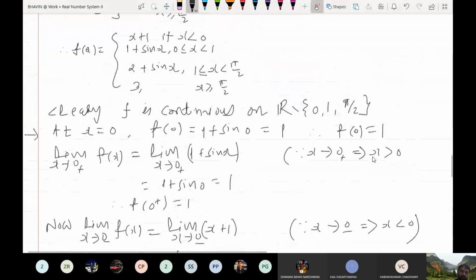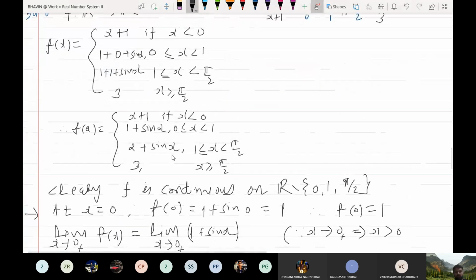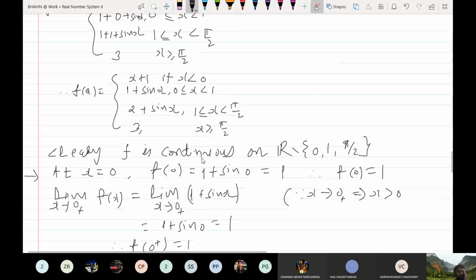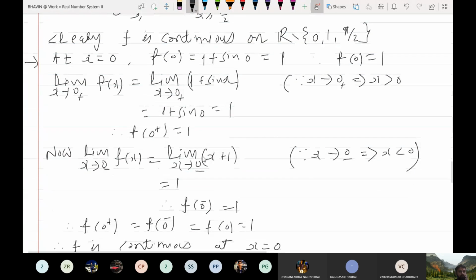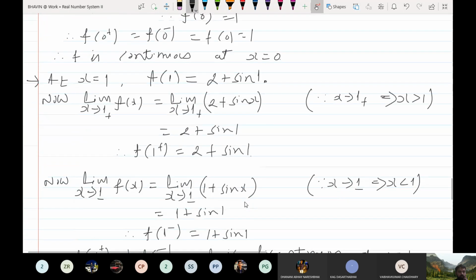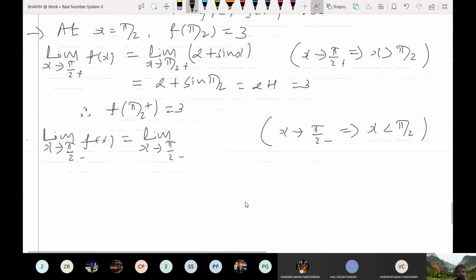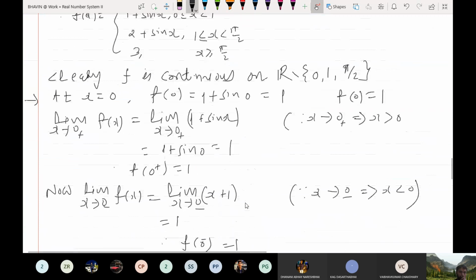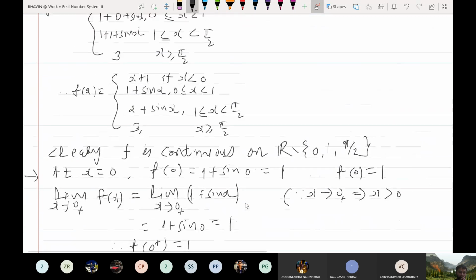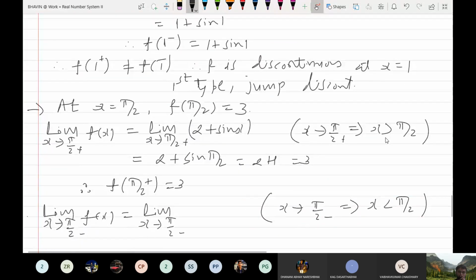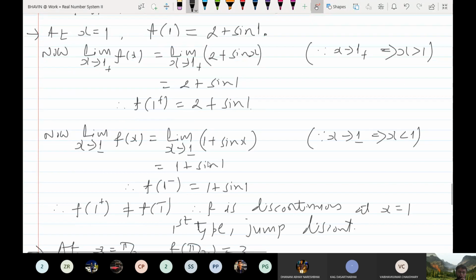If your x is smaller than pi by 2, then the function takes value 2 plus sin x. So here you should write pi by 2 plus, that is x is bigger than pi by 2, then the function takes value 2, not 2 plus sin x.